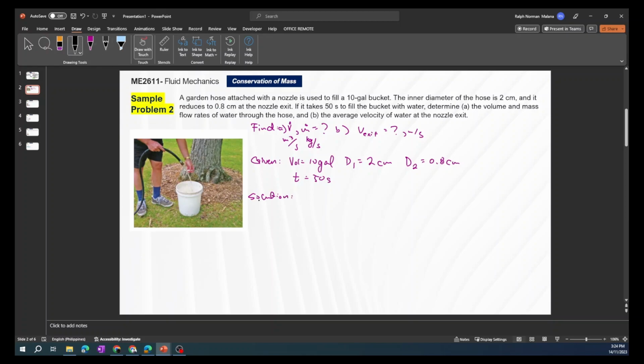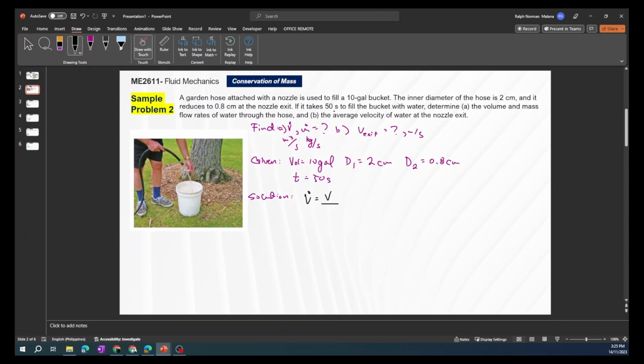Okay, solution. So to get the volume flow rate and mass flow rate, we already have volume here, and there's another way of getting volume flow rate. Since we're given already a volume and a particular time t, all we have to do is just convert that, and volume flow rate could be equal to the volume, that's going to be the capacity of the bucket, so that's going to be 10 gallons divided by the time t.